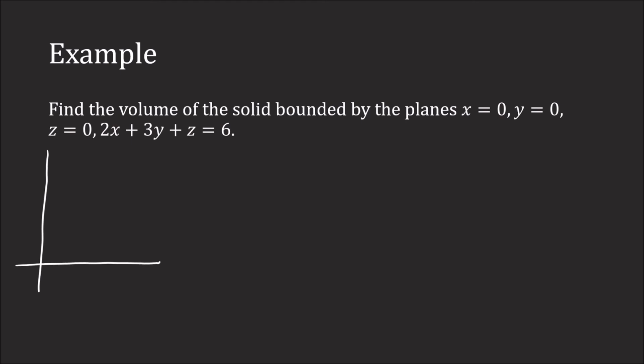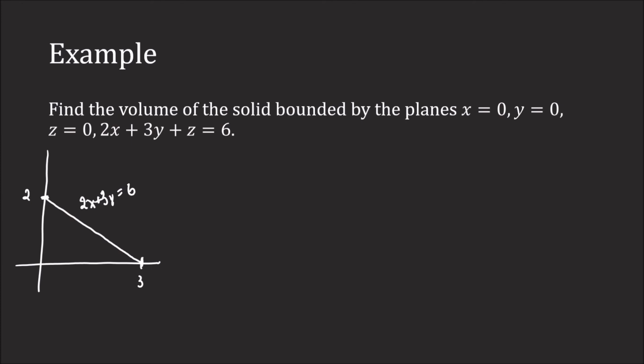So we want 2x plus 3y equals 6, that line. So that would be this line here. And so this would be our region right in here. So this is 2x plus 3y equals 6.